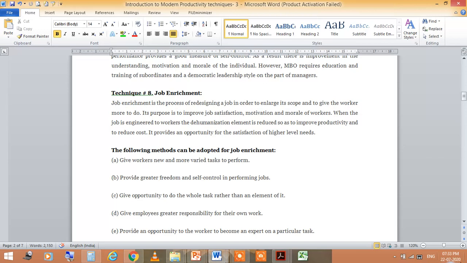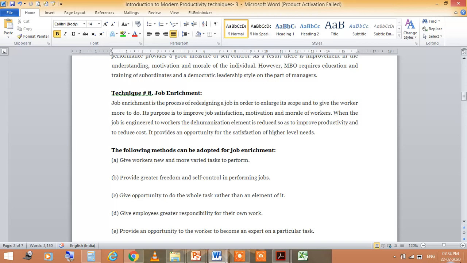When the job is engineered to workers, the dehumanization element is reduced. So this helps to improve productivity and to reduce cost, and it also provides an opportunity for the satisfaction of higher level needs. So job enrichment means, simply, satisfaction.